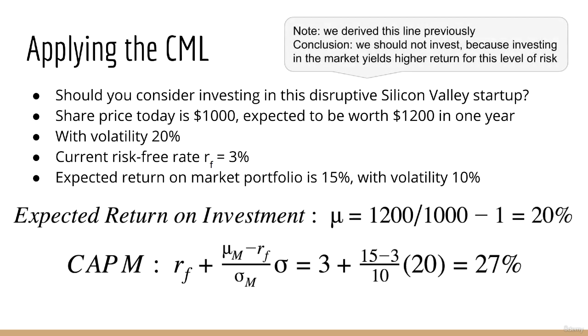Remember, this is the equation for the capital market line. So what can we conclude? We can conclude that this investment is not worth considering. According to the Sharpe ratio of the market, we should demand a return of at least 27% on an investment with 20% volatility. We would expect more reward for the given level of risk.